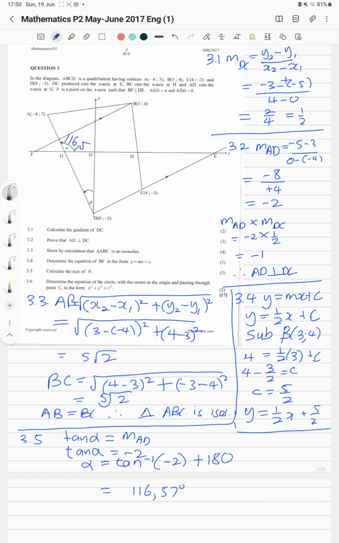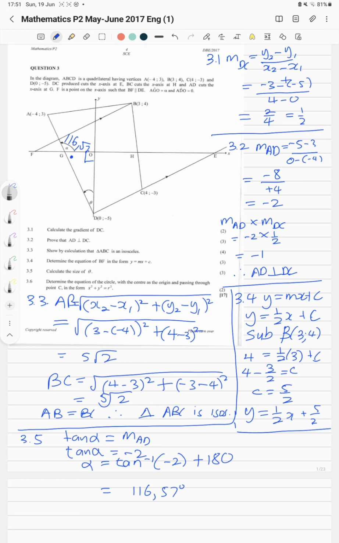Now going back to our diagram, 116,57 is there. You need to find theta. Now here is 90 degrees. We just need to look at that 90 degrees there. Y-axis and x-axis are perpendicular to each other. You can use straight line 180 minus 116.57 and find the angle I'm dotting, and use angles of a triangle and find theta: 180 minus 90 minus that one we dotted.